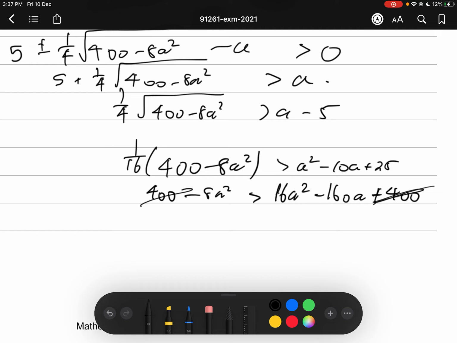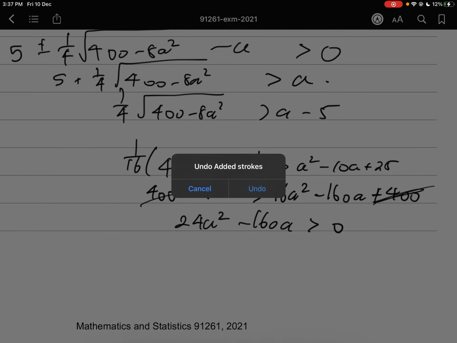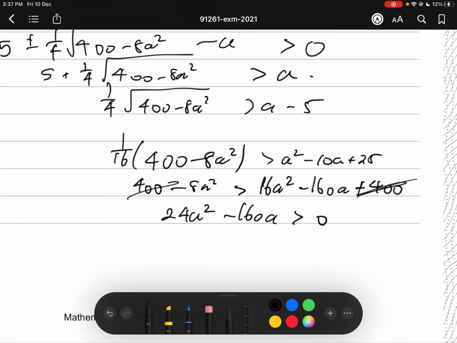And then we'll have 24a squared minus 160a is greater than 0. So then we will have a times 24a minus 160 is greater than 0.